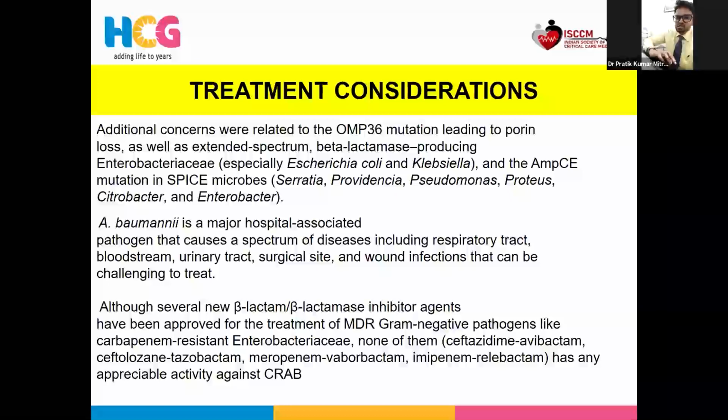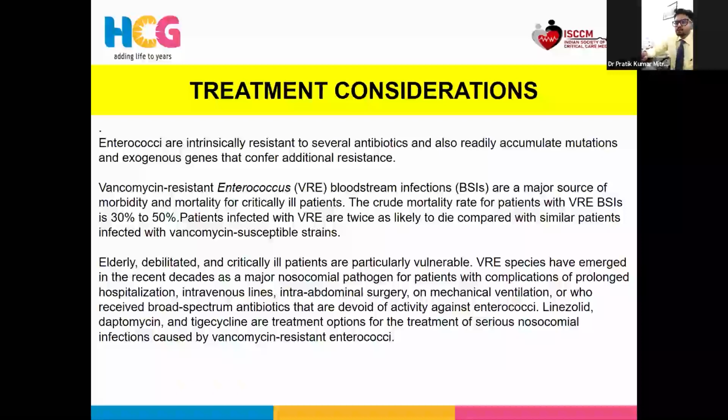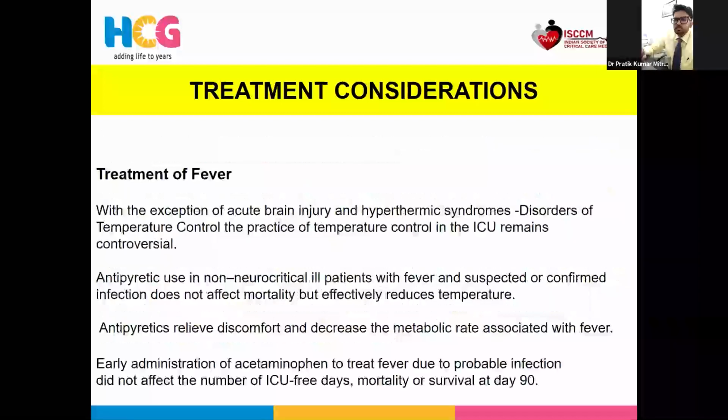But ceftazidime-avibactam is useful against Enterobacteriaceae, and next is vancomycin resistant enterococci, which is also a major source of morbidity and mortality. We have options like linezolid, daptomycin, and tigecycline for the serious treatment of nosocomial infection caused by vancomycin resistant enterococci.